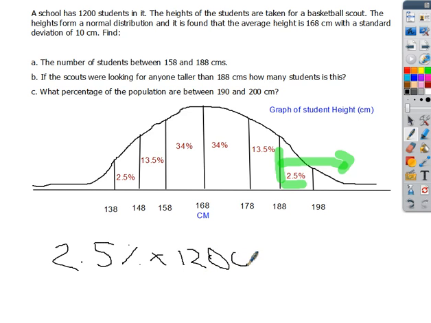And that will give me around about 30 kids. So if the scout's looking for that height, they'll only get 30 of them because it's 188 and above, which is 2.5%. All pretty good.